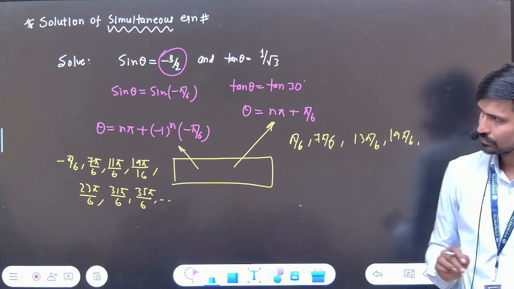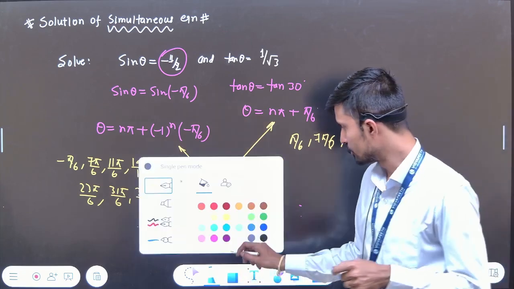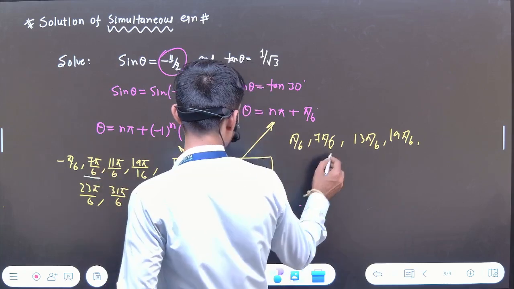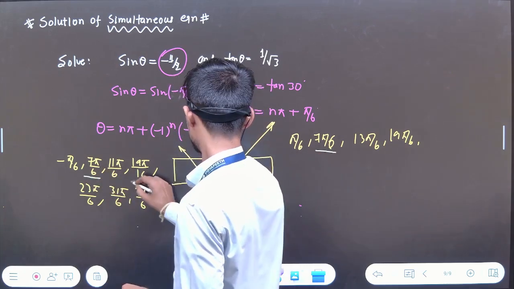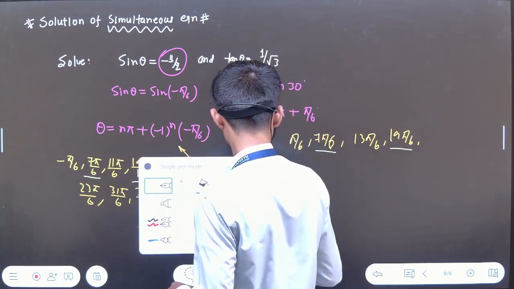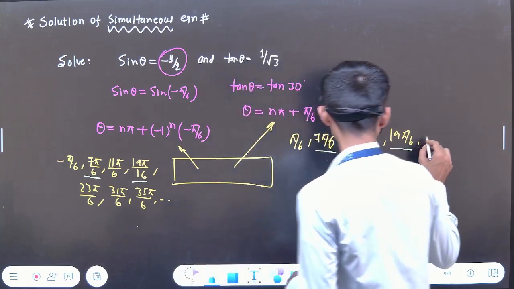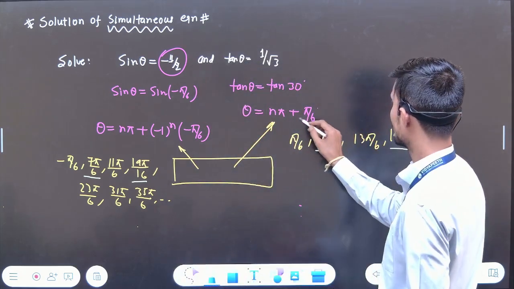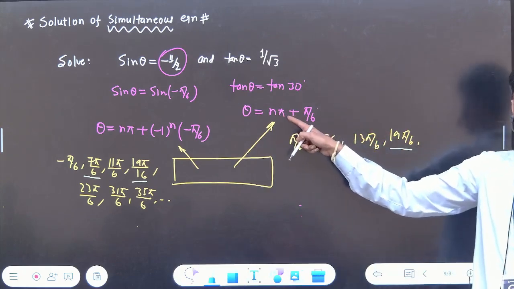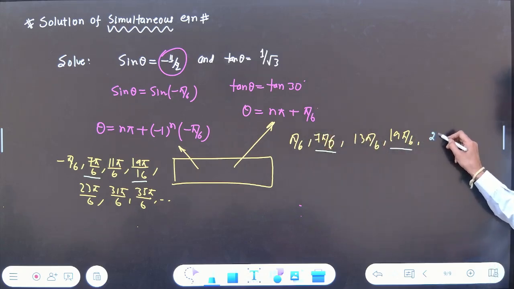How many angles matched till now? 7 pi by 6 matched. 19 pi by 6 matched. Next, this is for 0, 1, 2, 3, 4. I will put 4 pi. That will become 25 pi by 6.